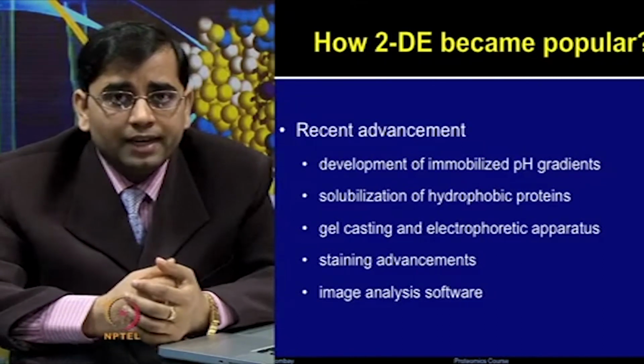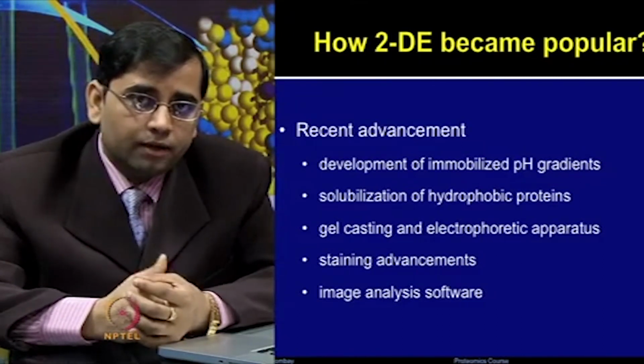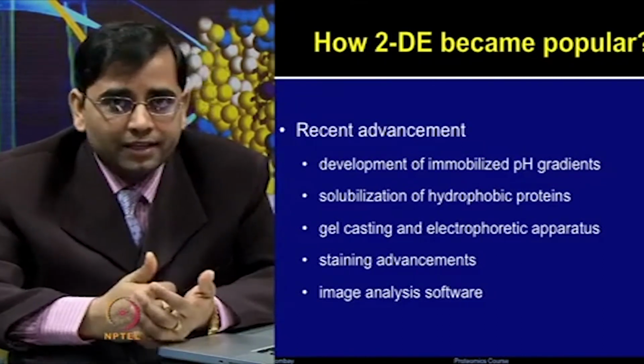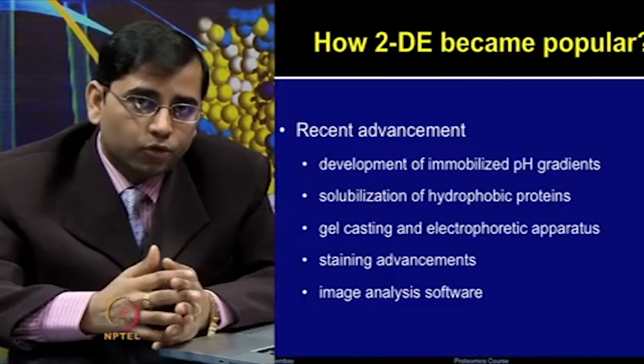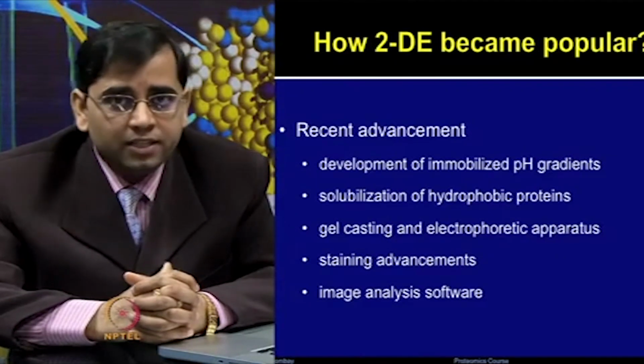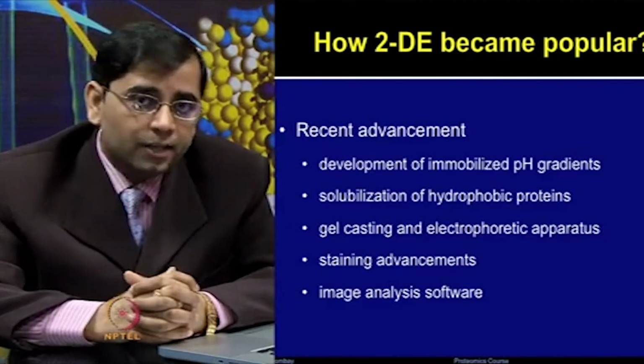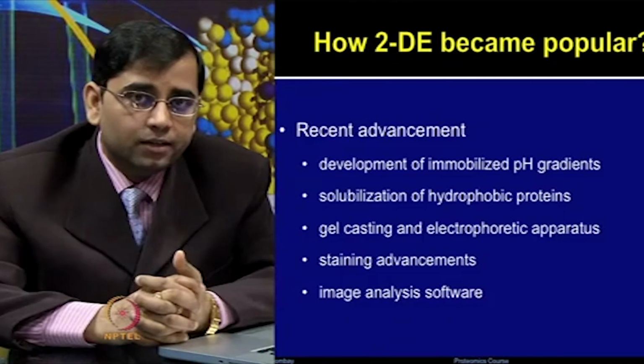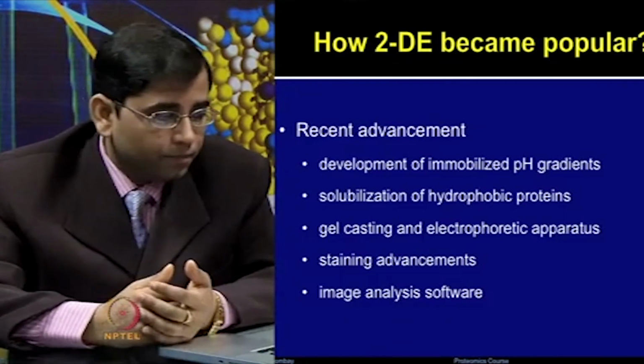Different types of staining methods were developed. We will talk about different types of stains and how they work during the two-dimensional electrophoresis workflow, but very sensitive stains spearheaded this process to visualize the proteins on the gel.